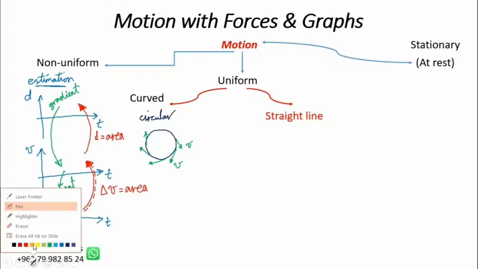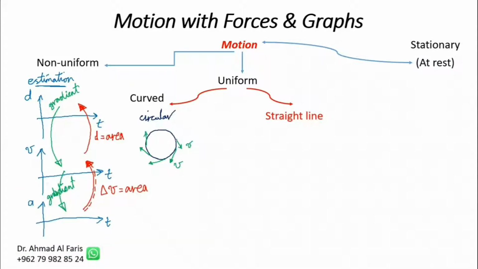Also, they ask about the direction of the acceleration. Always the direction of the acceleration is toward the center. That's why they call it centripetal acceleration. And this acceleration is caused by a force that also acts toward the center. I'm going to explain it in detail later on. This is a mind map of the things that we're going to study today and during the next 2 weeks.